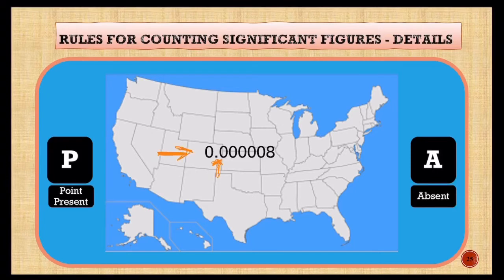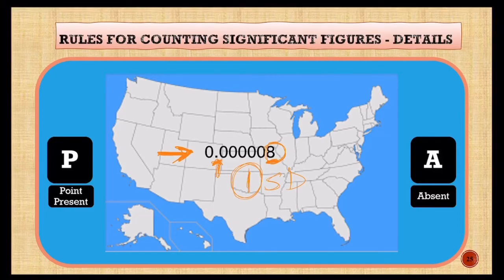You begin counting significant digits in this direction. And the only rule is you begin counting at the first non-zero number you encounter. So our first non-zero number happens to be 8. And once you keep counting, you count till the end. Well, we've reached the end. So this means that we have 1 significant digit in this value. 1 significant digit. That's it.